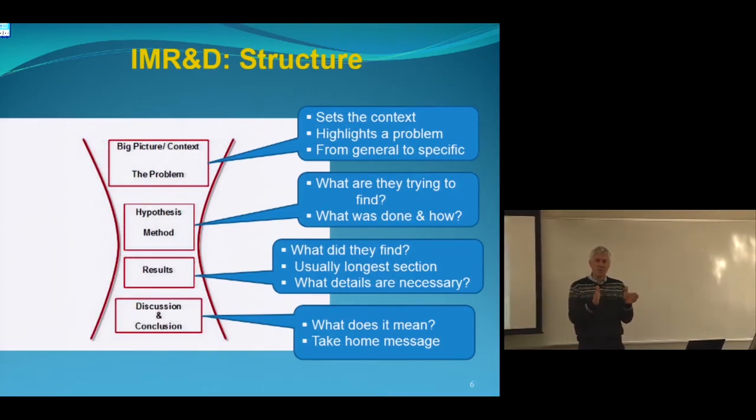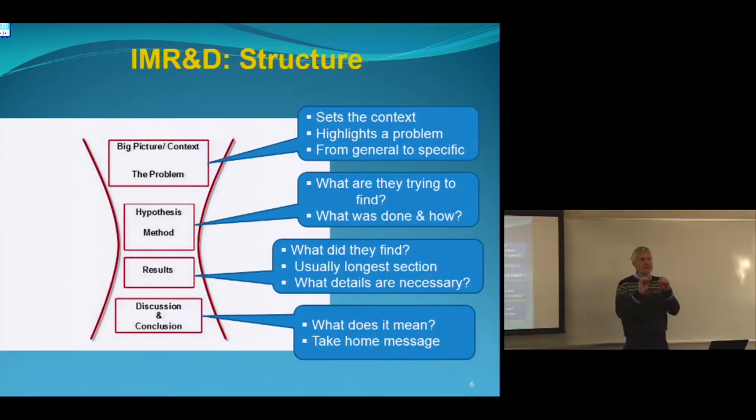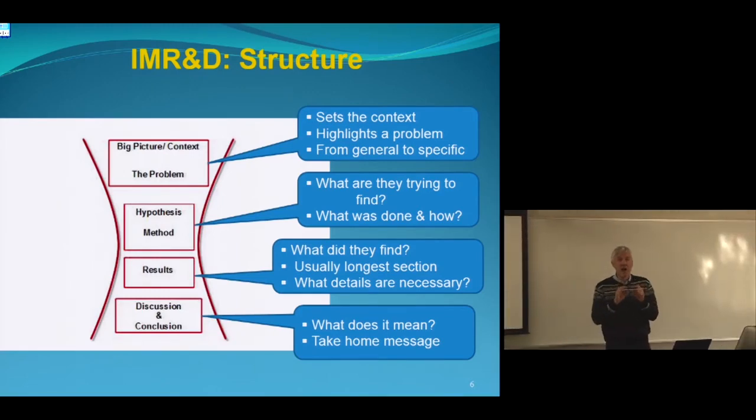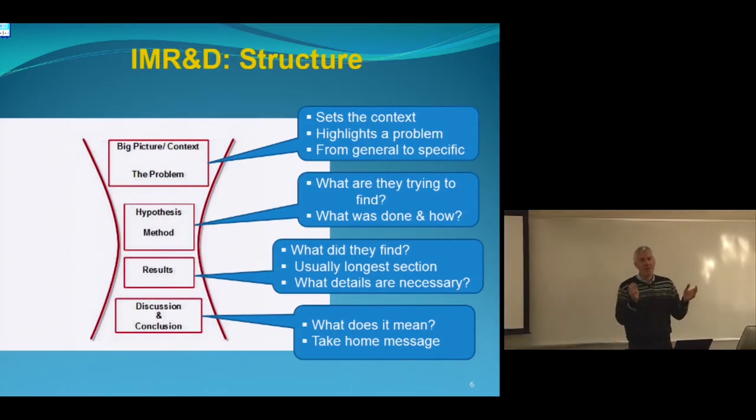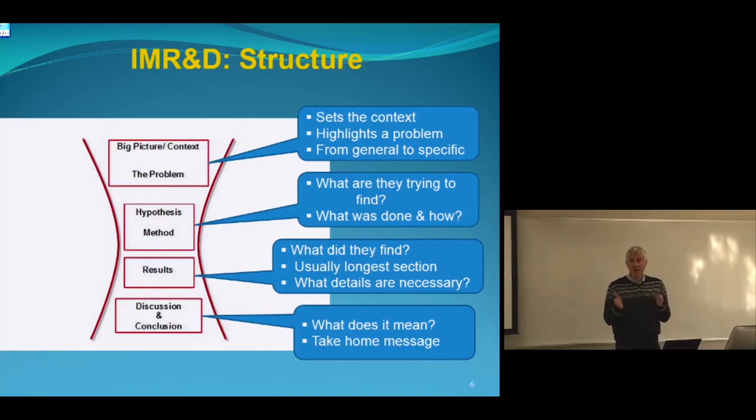And so you need to be able to, in the discussion and conclusion, tell the reader what you think these results mean, not just what the results are. If it is X, for many readers, X is just a number. But if you tell them what that X means in terms of the context, then when they have finished listening to you or reading your paper, they will understand what your interpretation of the results were, not what their own interpretation is.